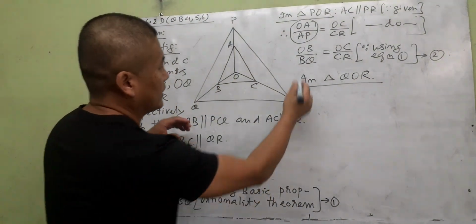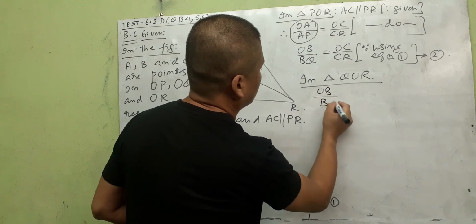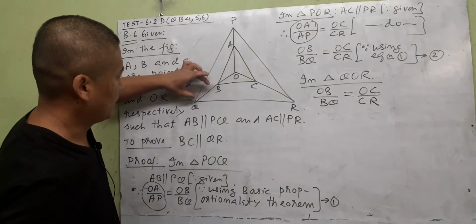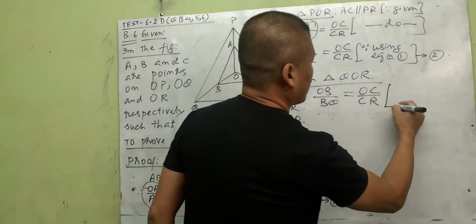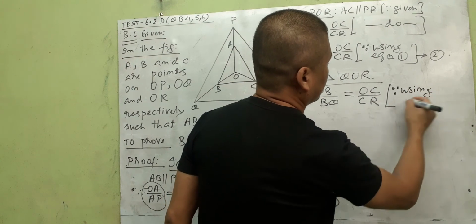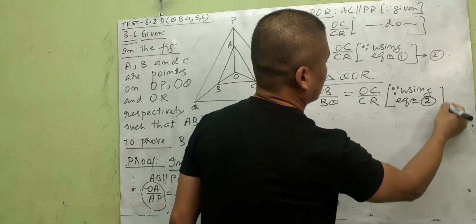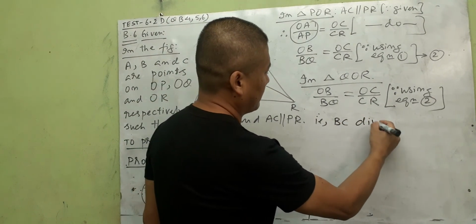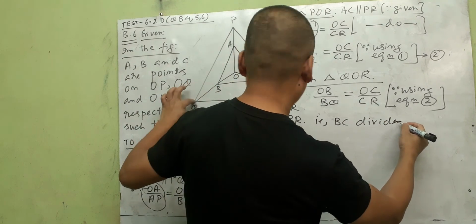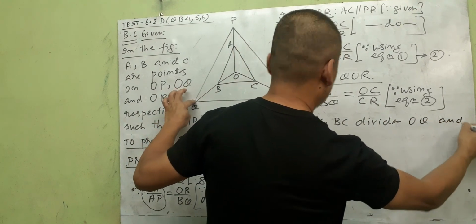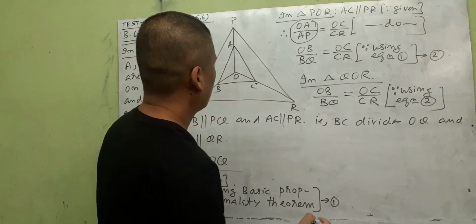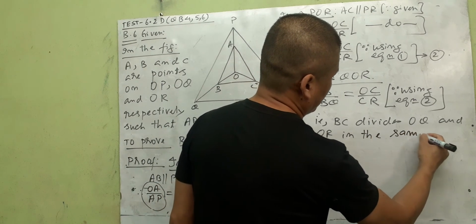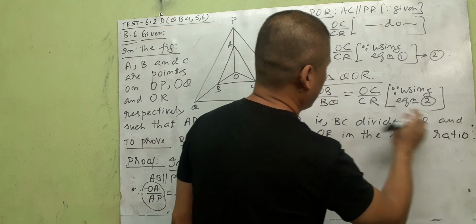Now in this one, we see OB by BQ is proven to be equal to OC by CR. So OB by BQ equal to OC by CR, we get this by using equation number 2. In other words, this line BC divides this side OQ and the other side OR in the same ratio, means in equal ratio inside this triangle OQR.